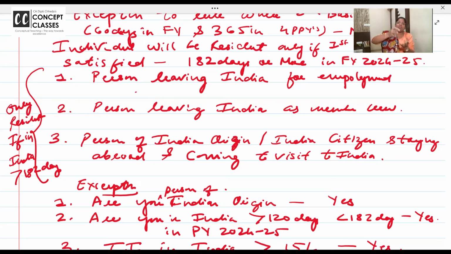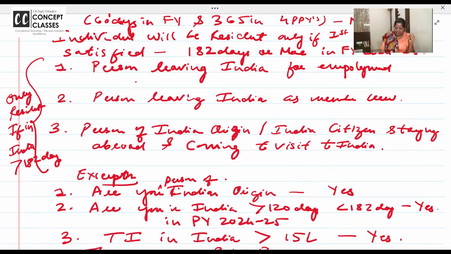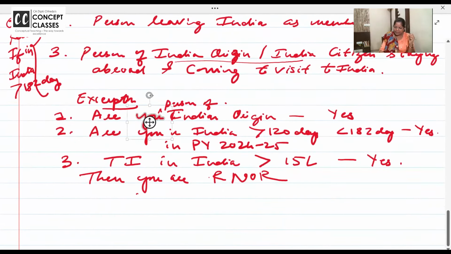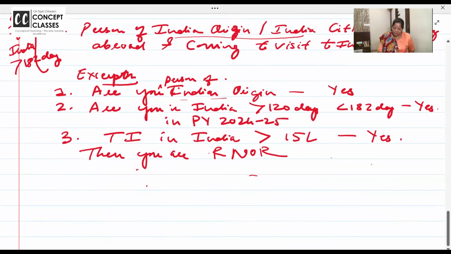Or person of Indian origin working abroad coming to India. Not Indian citizen. हाँ, ये वाला जो है ना, यहाँ दोनों है. यहाँ तो सिर्फ Indian origin ही है. Are you a person of Indian origin? Yeah. Are you in India for more than 120 days, even if less than 182 days? Yes. Are you having total income more than 15 lakhs? Yes. Then you are. This is something they have added on.